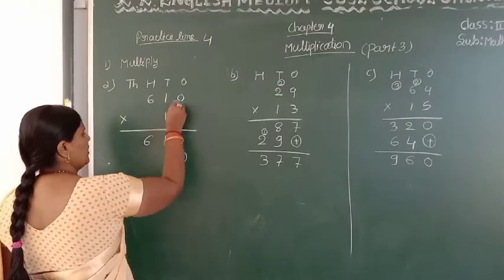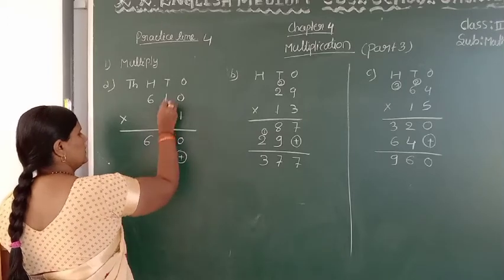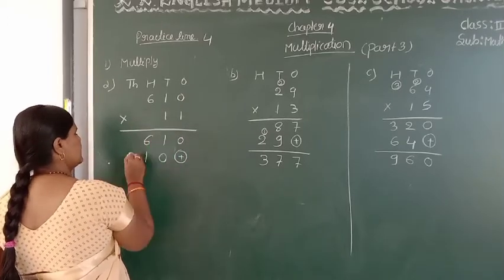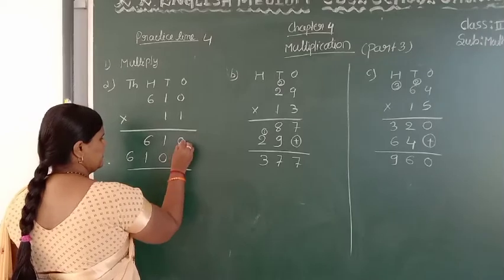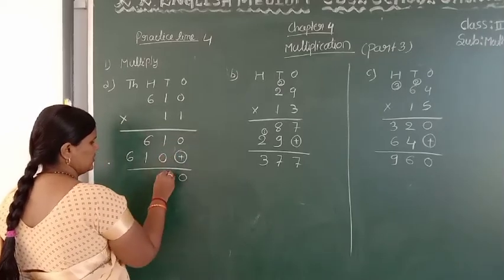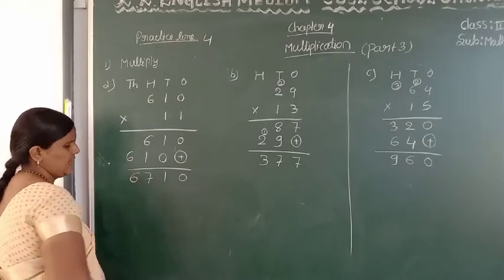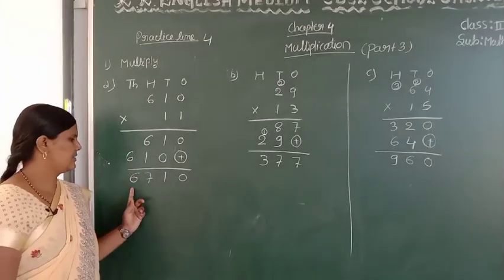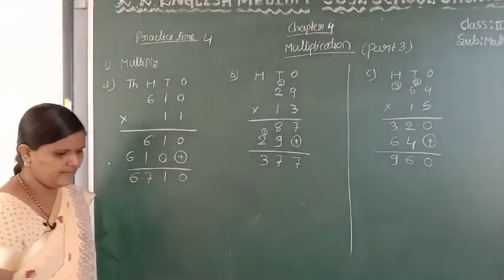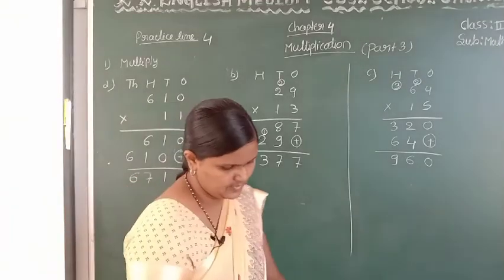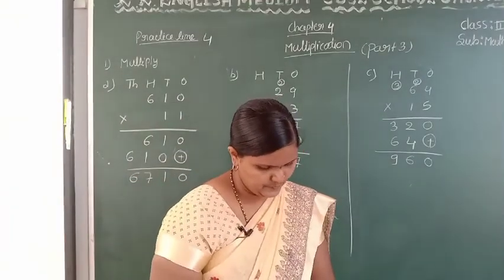Plus 1 into 0 is 0, 1 into 1 is 1, 1 into 6 is 6. Now add. 0, write as it is. 1 plus 0 is 1. 6 plus 1 is 7. And write this 6 as it is. And answer is 6710.